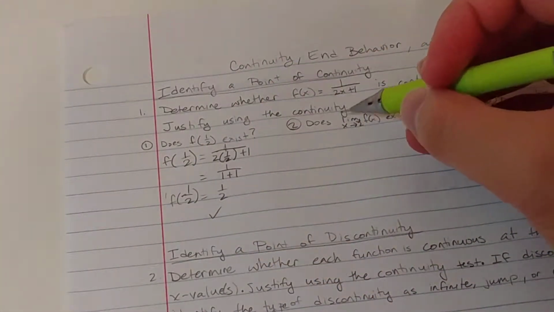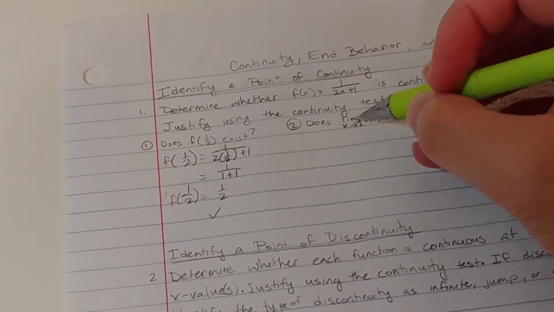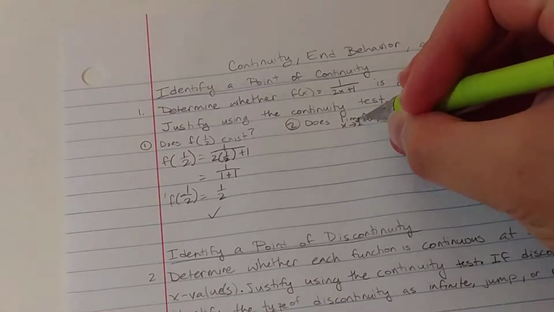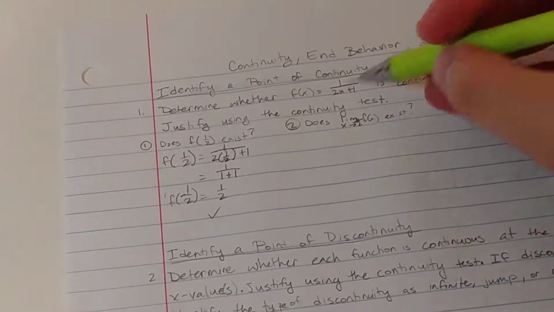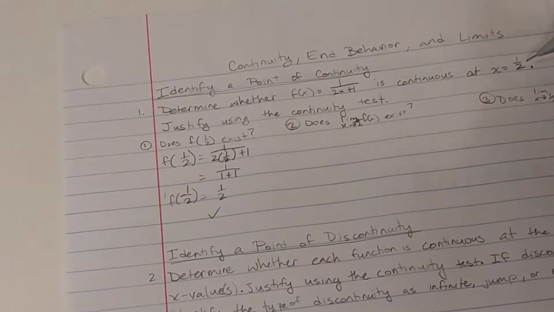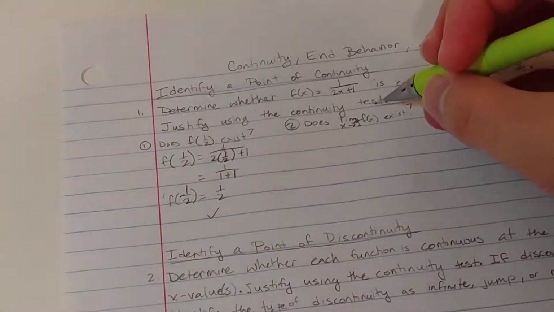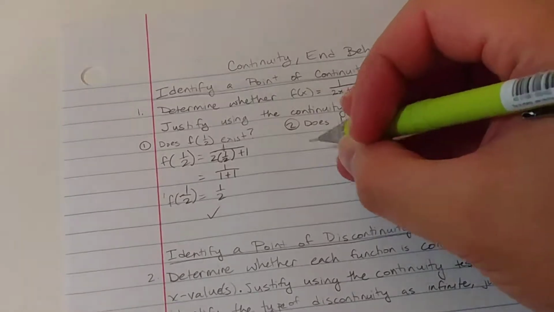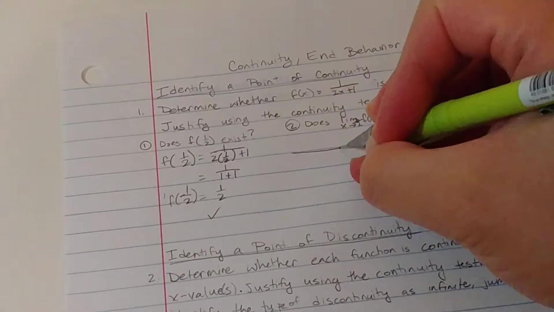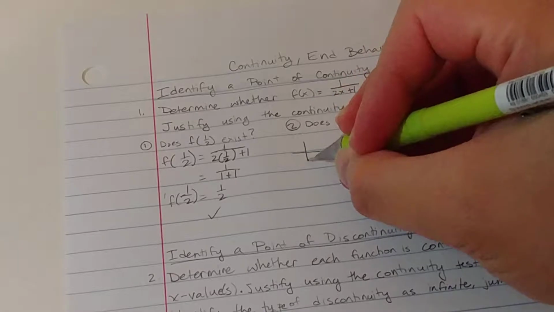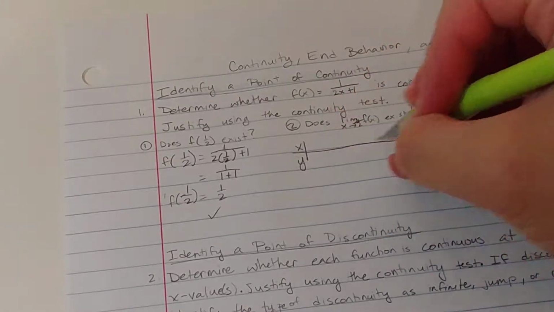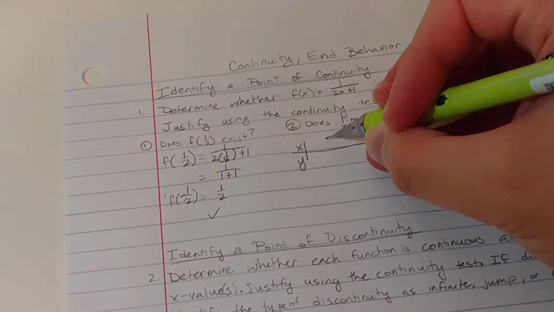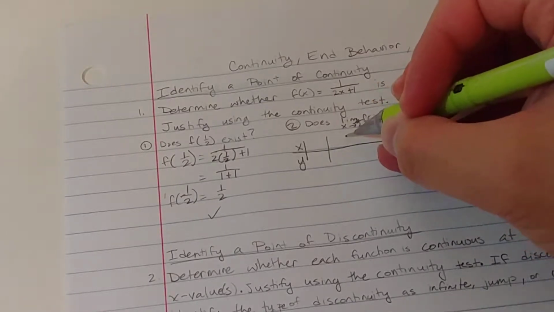Does the limit of f of x as x approaches 1/2 exist? That's 1/2 there, because we're using this 1/2 right here. Okay. So the way we do this is we want to make a table. So we're going to do an XY table. Here's our X, here's our Y. And the book uses 6 or 7 points.